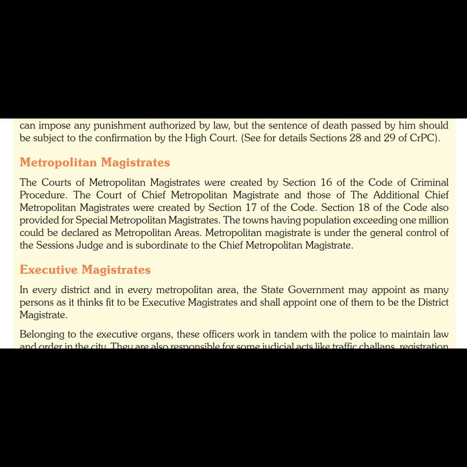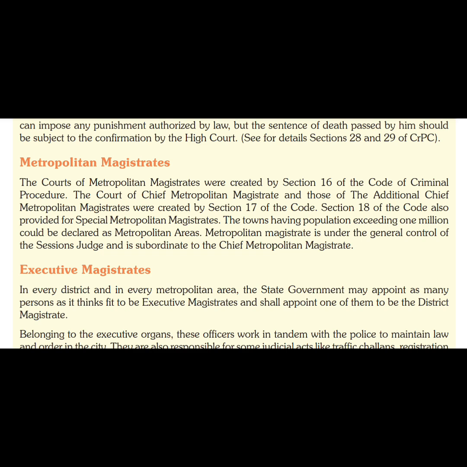Metropolitan Magistrate is under general control of Sessions Judge and subordinate to Chief Metropolitan Magistrate. Like there was CJM, under whom we had JMIC and JM2C, over here also Metropolitan Magistrate is under the control of Chief Metropolitan Magistrate, and they all are under the general control of Sessions Judge, since it is at the top.